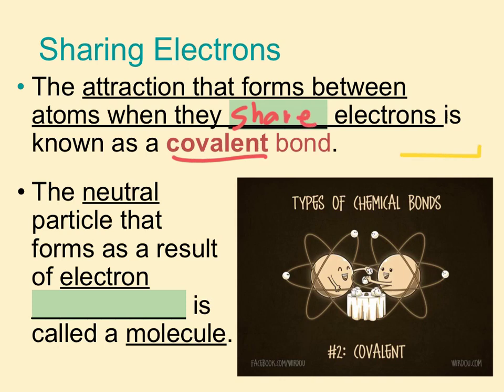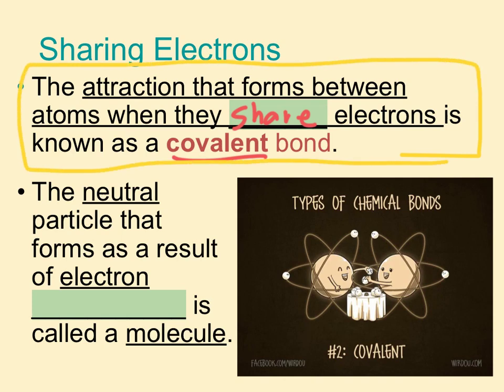This here would be a great definition to star, circle, highlight, underline. This is what's happening to electrons in a covalent bond. They are being shared. The atoms are too lazy to gain or lose on their own. They need to work together to create this covalent bond.